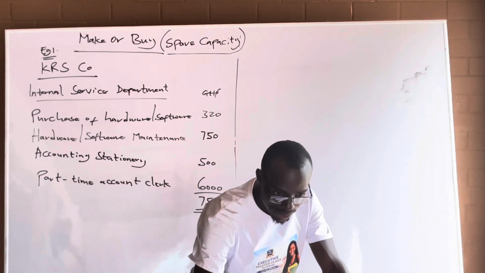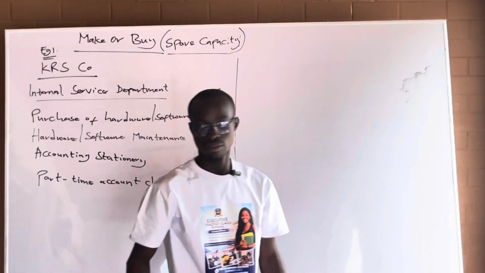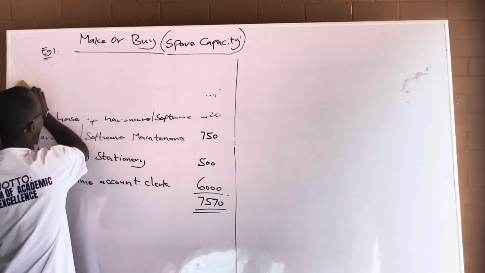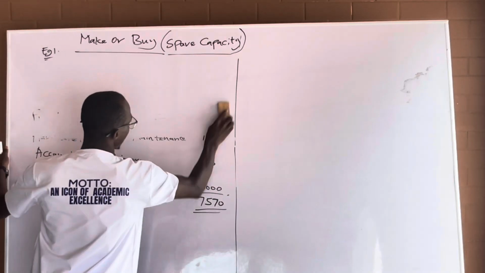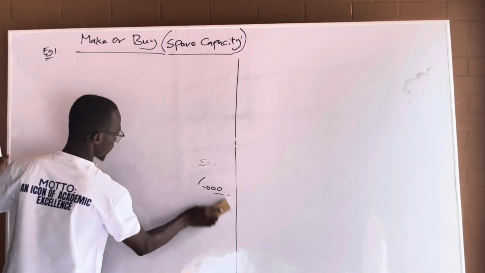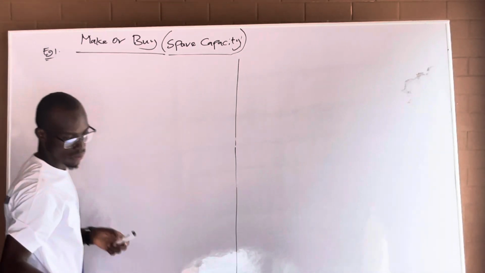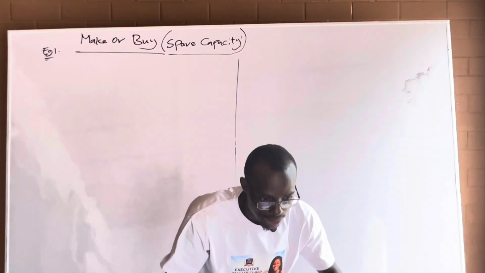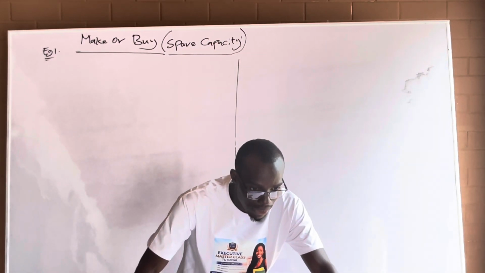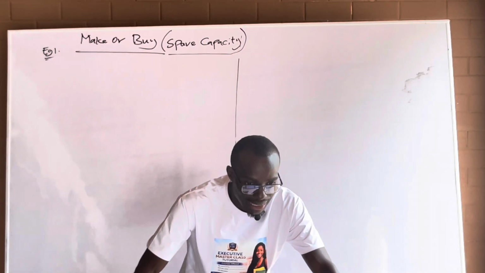So the second question. The requirement says that should Jackson Company accept this offer or continue to make the part internally?